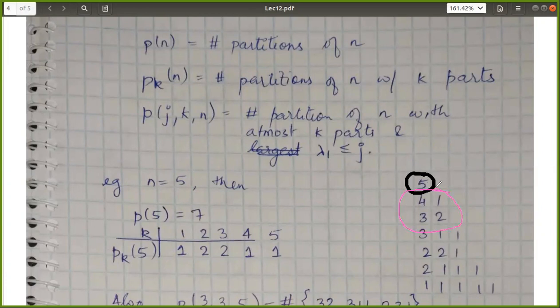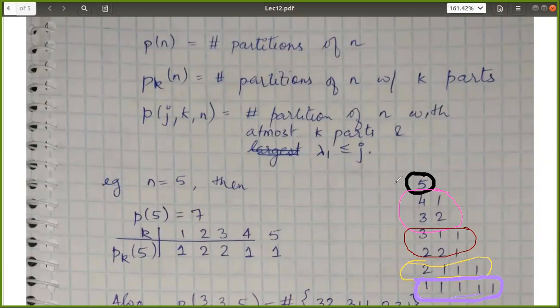How many partitions with 3 parts? 2 of these, correct? How many partitions with 4 parts? Only 1, which is this. And how many partitions with 5 parts are there? Is that right?